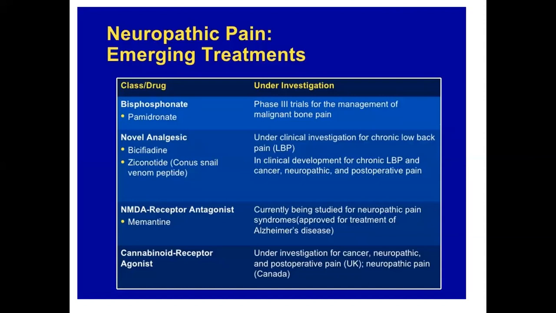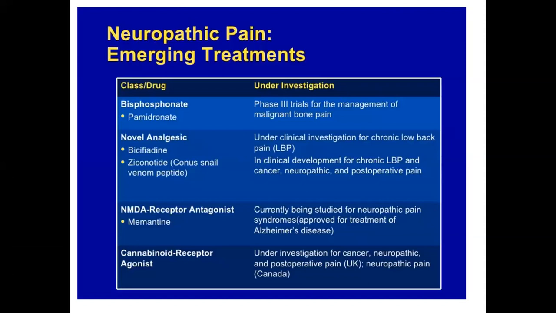However, you also realize that we have been using bisphosphonates for pain with the patient, but not purely for neuropathic pain, but for pain that engages the bones. The other novel analgesic drugs such as ziconotide, which is a cone snail venom peptide, are under clinical investigation for chronic low back pain and cancer, neuropathic, and post-op pain.